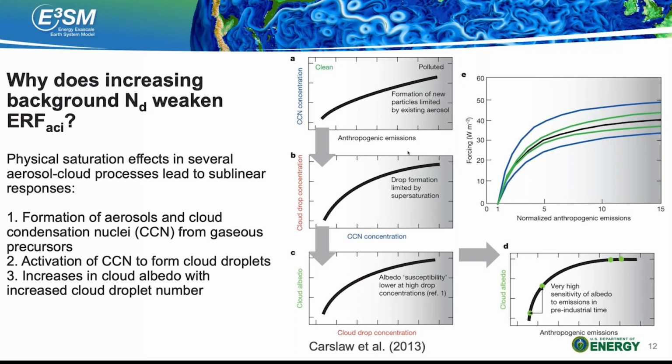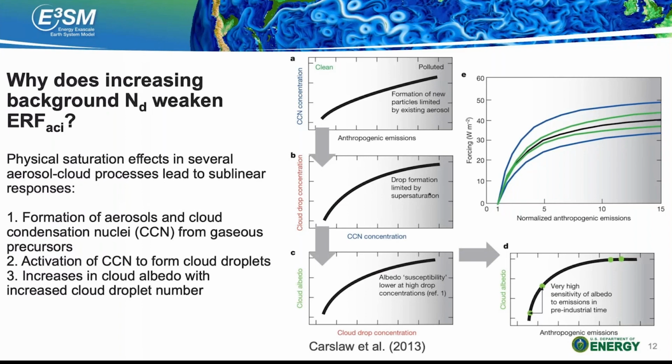And so the net effect of these processes all saturating the impacts of aerosol on the effective radiative forcing is that at very low background aerosol concentrations, introducing additional aerosol has a significantly stronger effect on the total cloud albedo and the effective radiative forcing compared to introducing the same number of anthropogenic aerosol into a climate where the background aerosol concentrations are significantly higher.